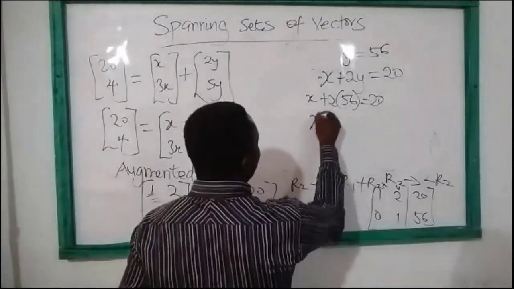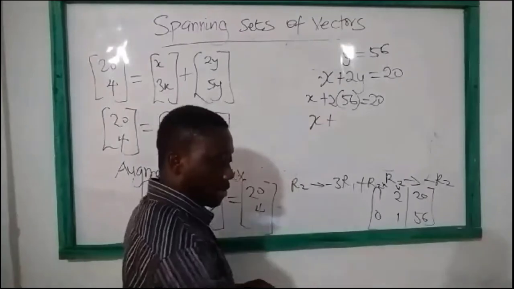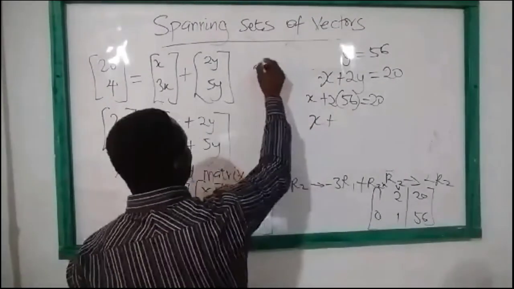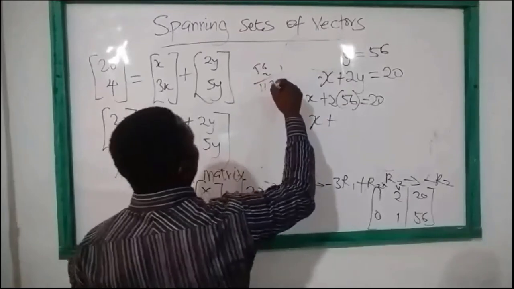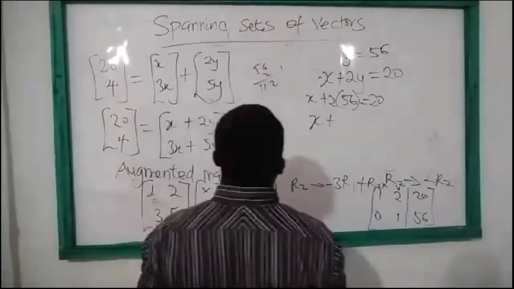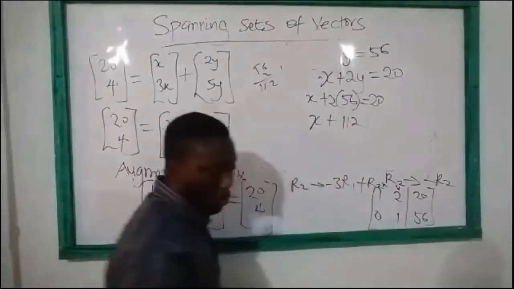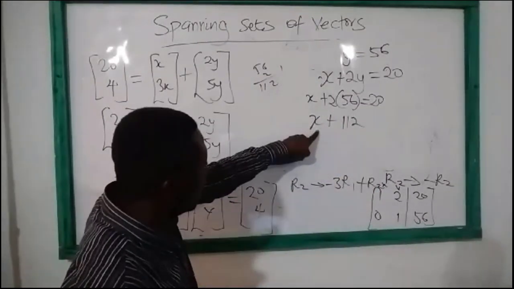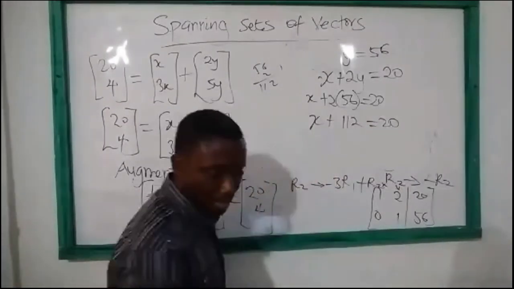So from here, we are going to get X plus, then multiply 56 by 2. We are going to get 112. So we are going to get X plus 112 is equal to 20.